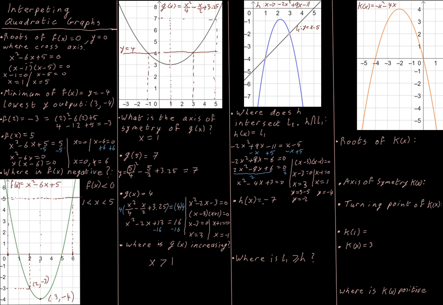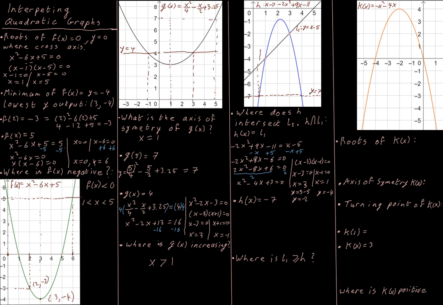If we have h of x is minus 7, we're going to ask ourselves, when is our blue line for h of x crossing y is equal to minus 7? Well, what's the coordinate of that point?